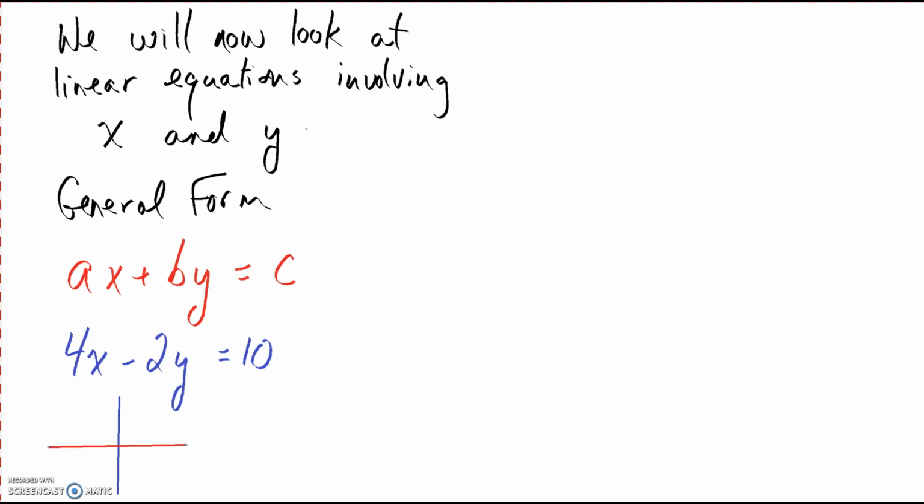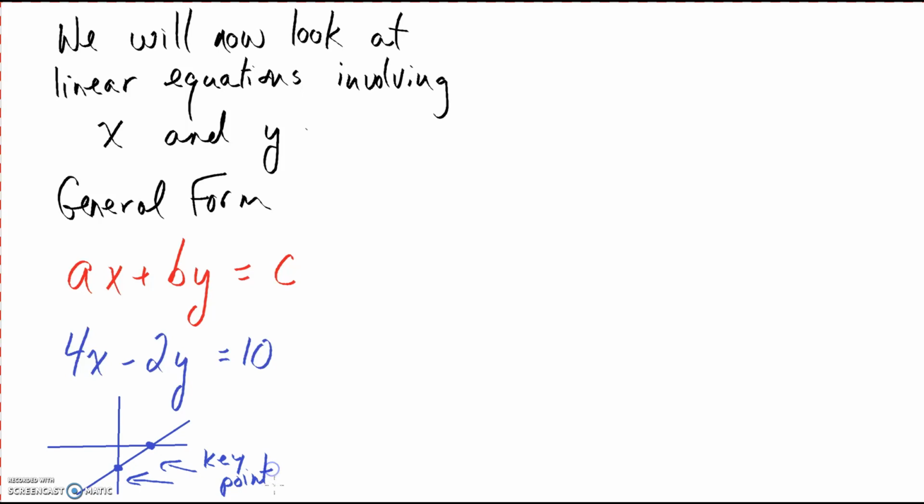If I plot a line on here, and I'm just going to draw a line. Okay. Notice that we have passed the x-axis once and the y-axis once. So these are what we would think of as key points, okay?